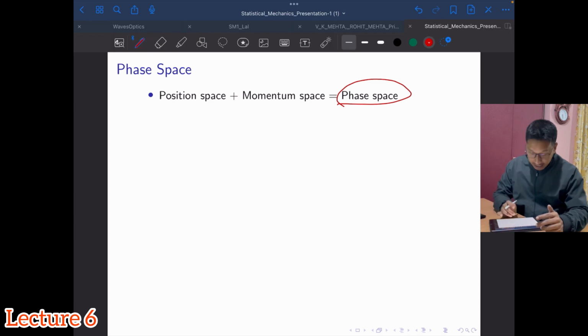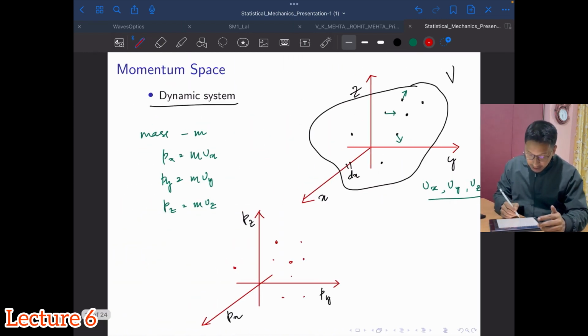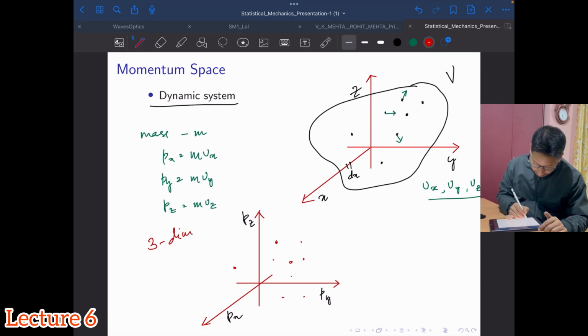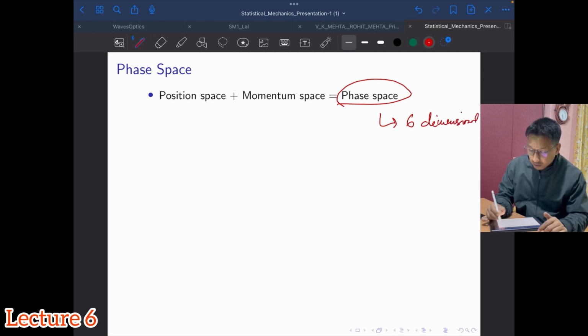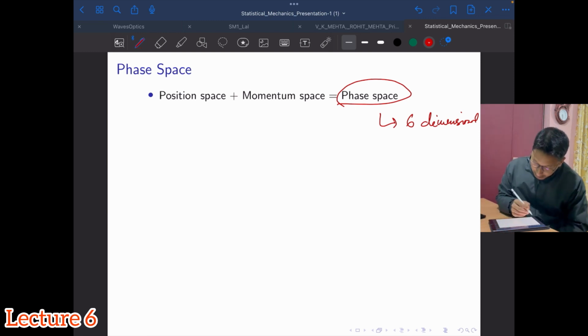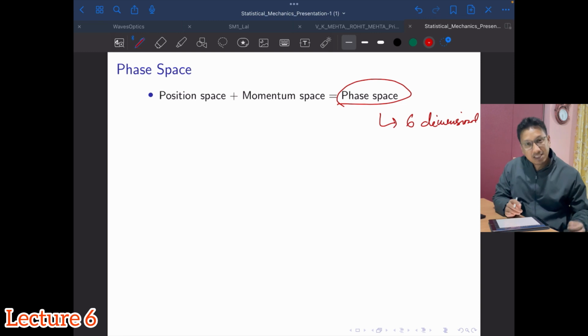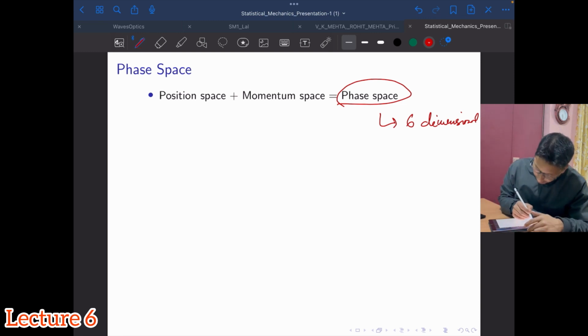In momentum space, as you can see here, similar to the position space, this is also three-dimensional. So naturally your phase space will become six-dimensional for the Cartesian coordinate system that we have considered here. For the volume element in position space, we have seen that dV equals dx dy dz, the smallest element we can consider in position space.